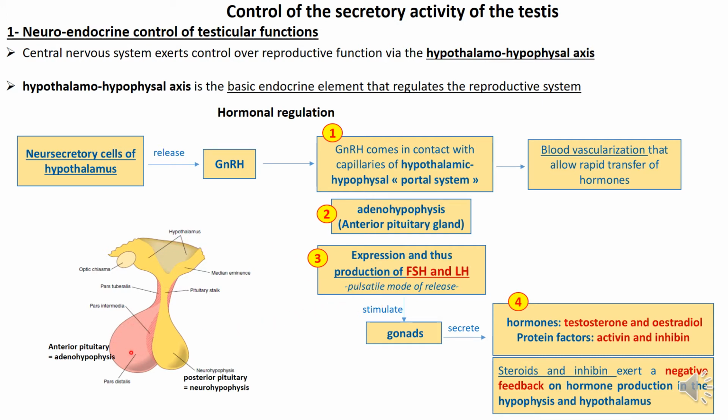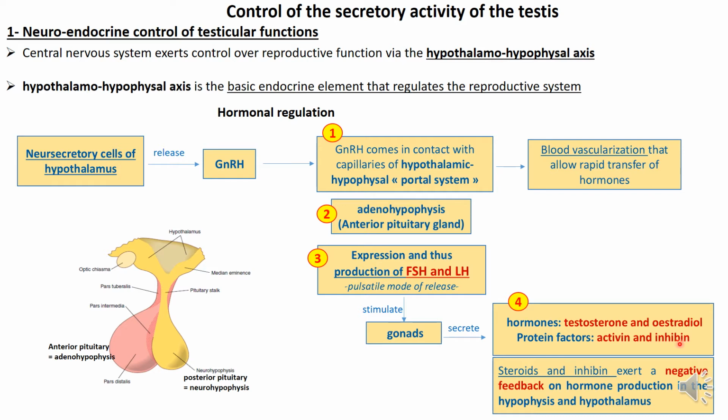Once FSH and LH are produced under the action of GnRH, they migrate in the blood circulation to reach the gonads, where they stimulate the gonads. Under the action of FSH and LH, the gonads can secrete several hormones such as testosterone and estradiol, and they can produce cytokines such as activin and inhibin.